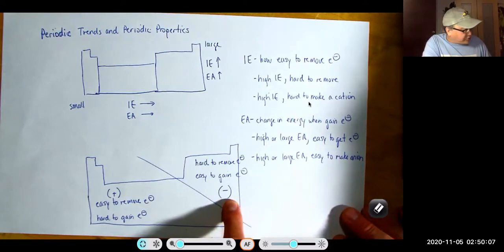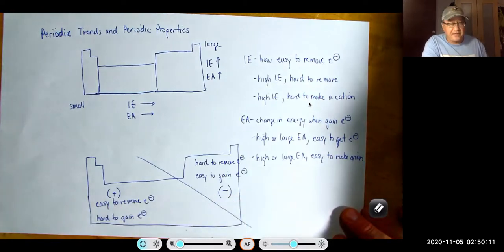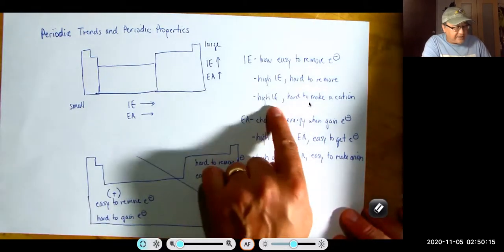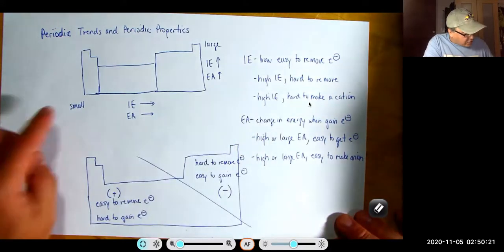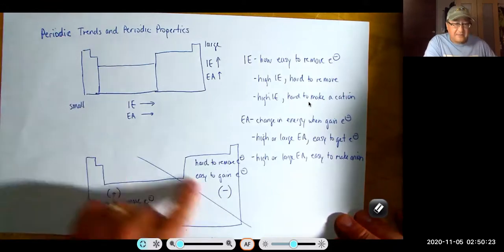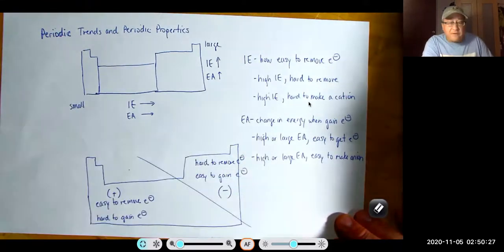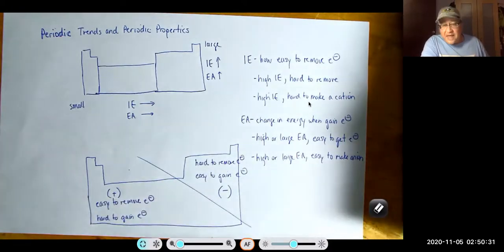The opposite is true when you have low ionization energy and low electron affinity. Low ionization energy means it's easy to remove an electron and easy to make a cation. So the lows are over here on this part of the periodic table. And for electron affinity, a low affinity means you don't want an electron and you don't want to be an anion.